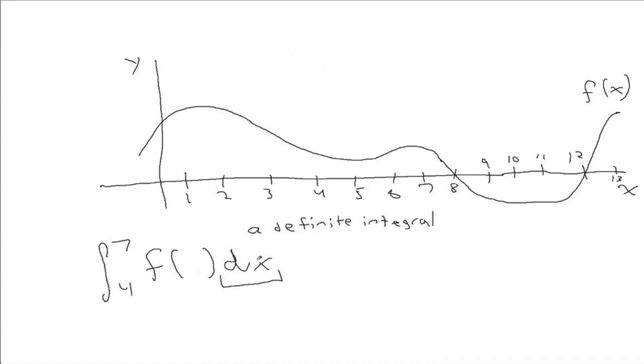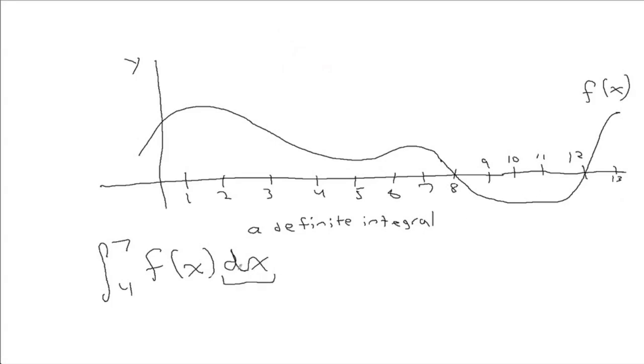If we changed the variable to t, then we'd want to change the horizontal axis to t. This would be the integral with respect to t of f. The d of x, though, doesn't really have any separate meaning.